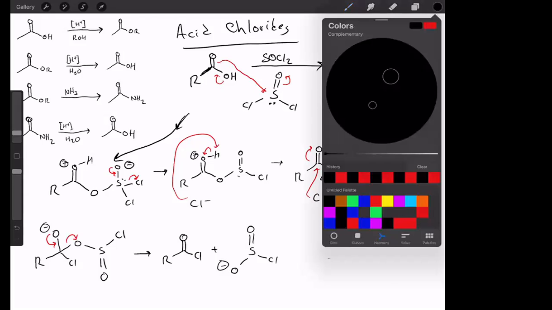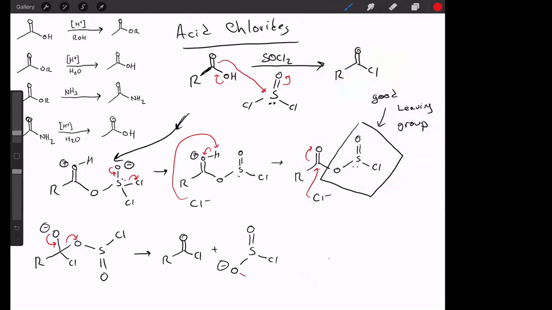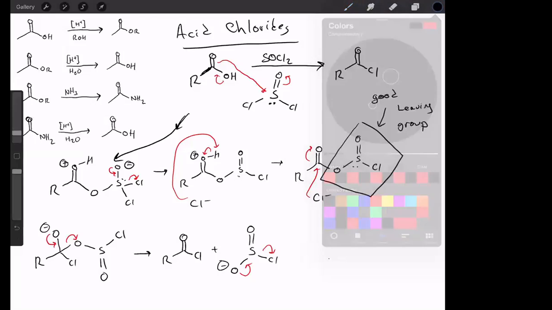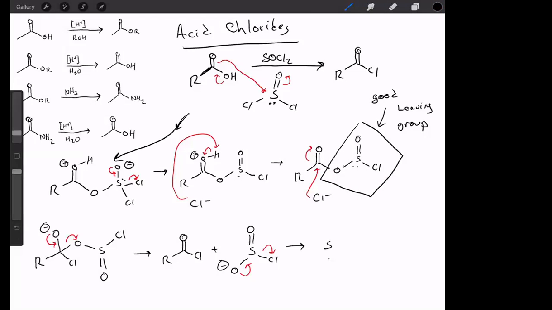The last step reforms the chloride ion that we used up in the first step, leaving me with SO2 gas and a chloride ion. Notice I also created some HCl in this step. So the other products of the reaction are SO2 and HCl.